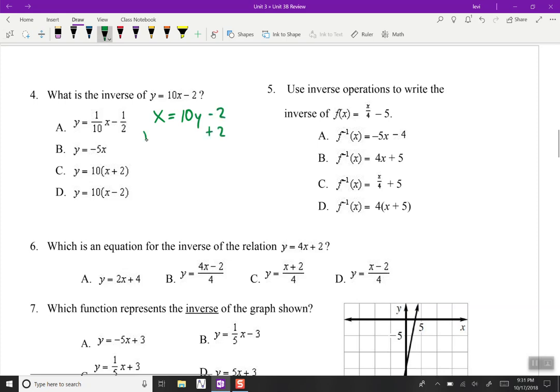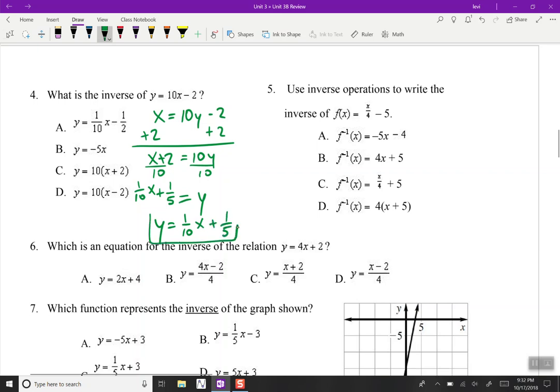We'll add 2, x plus 2 equals 10y, divide by 10, and we get y equals 1/10 x plus, and 2 divided by 10 is 1/5. So y equals 1/10 x plus 1/5.